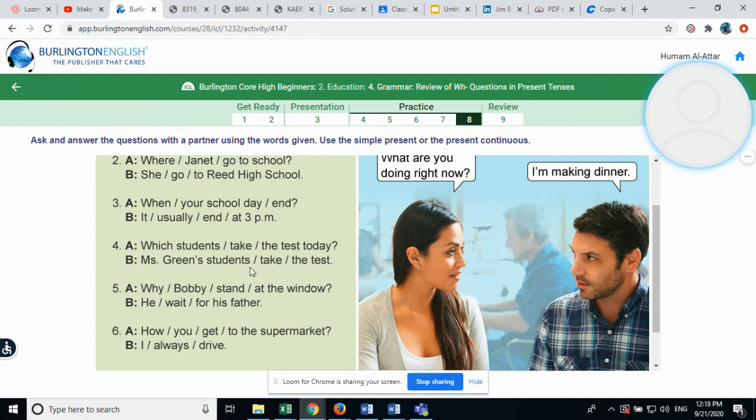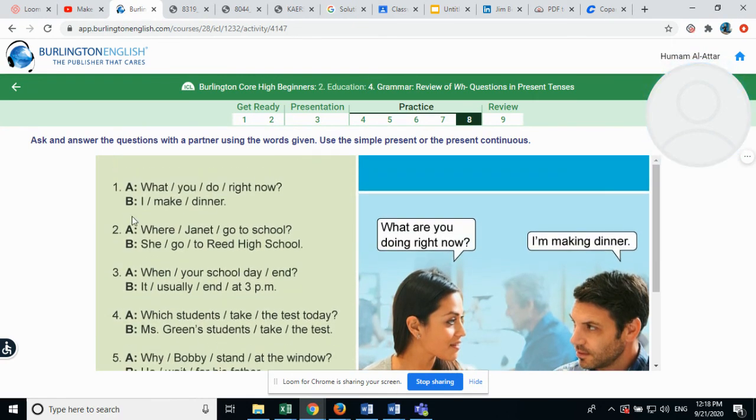Ms. Green's students take the test. Why Bobby stand at the window? He wait for his father. Who you get to the supermarket? I'm sorry, how you get to the supermarket? I always drive.